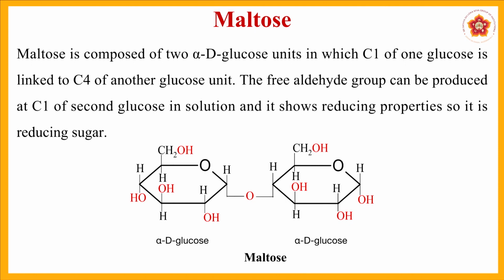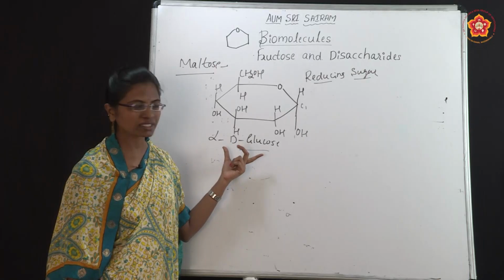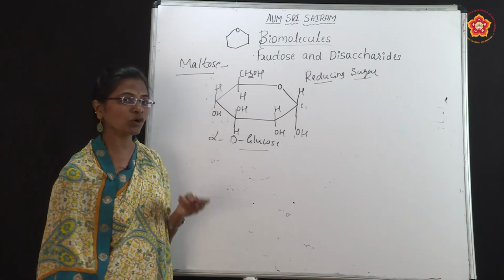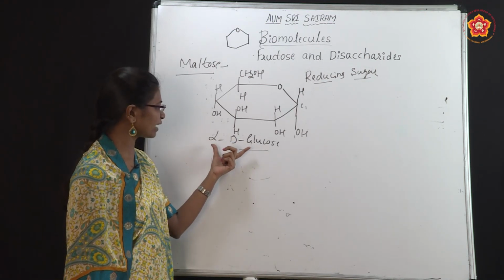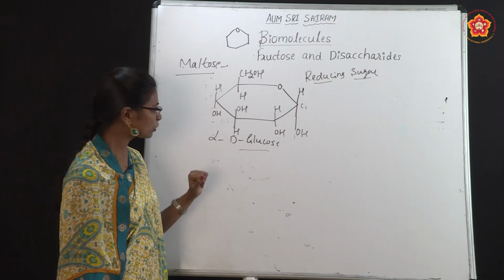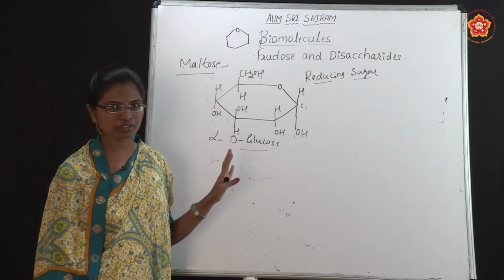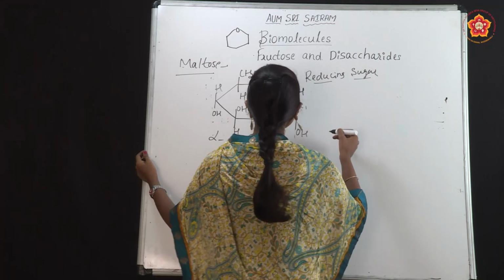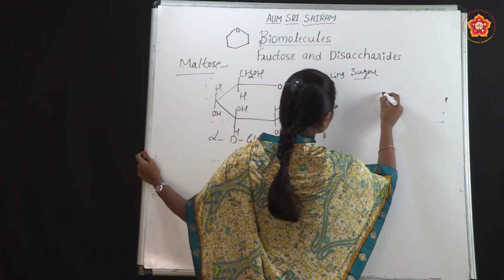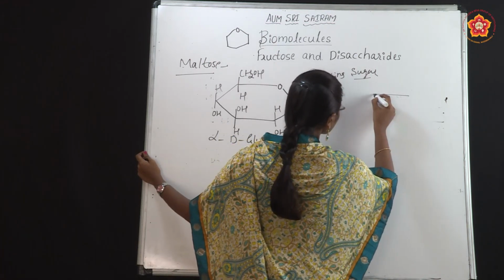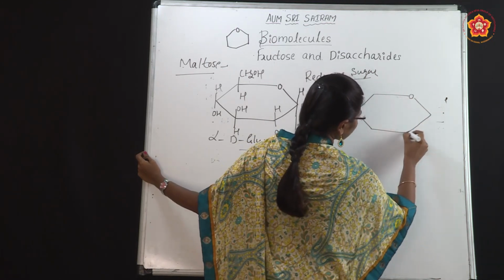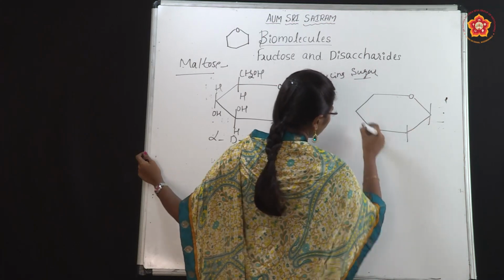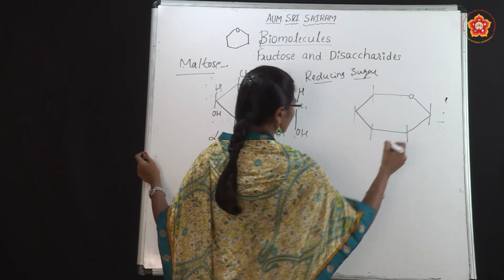Remember this one. We know this is the structure of alpha D glucose, and maltose is a combination of 2 monosaccharides, the same, that is alpha D glucose. Now you write 2 structures of alpha D glucose. So again I will write the structure here. Again you write one more alpha D glucose here.